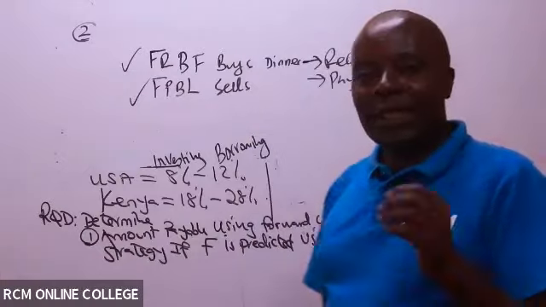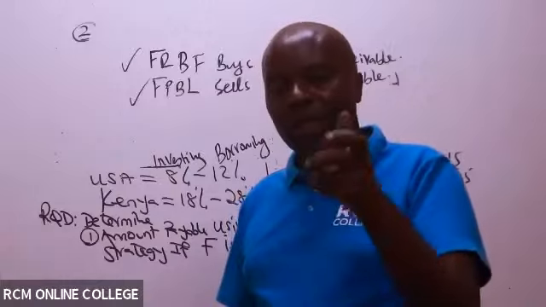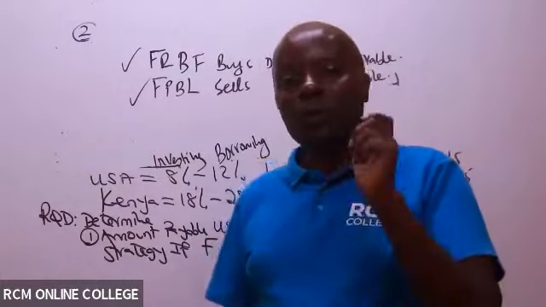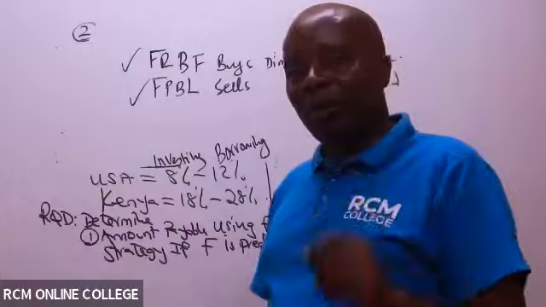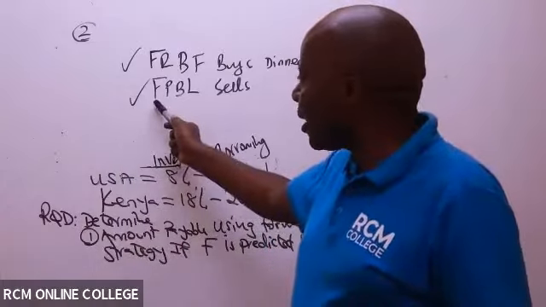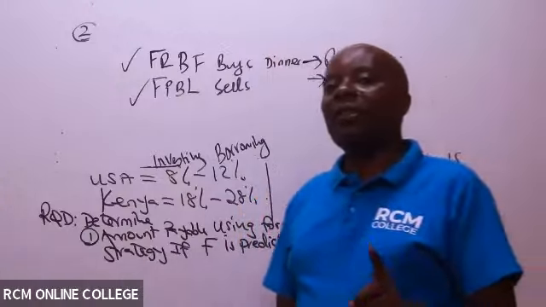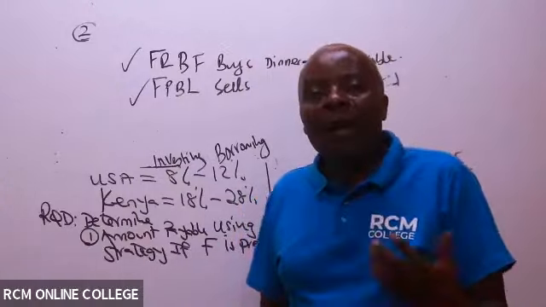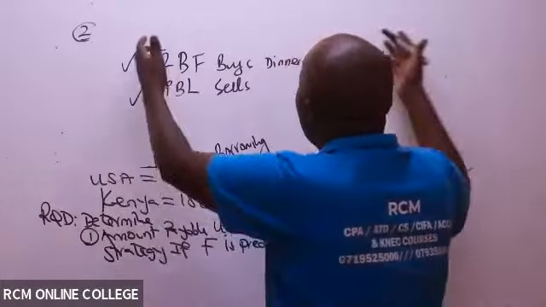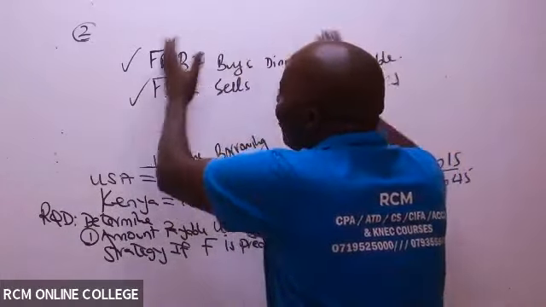So you can mention there that since Wamchomba's question is a payable one, we are using rule 2, FPBL, sales.